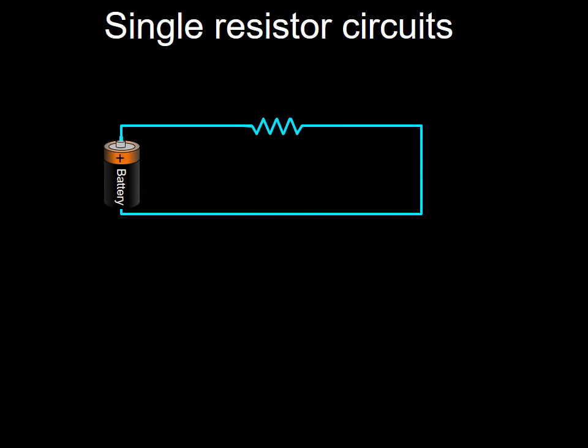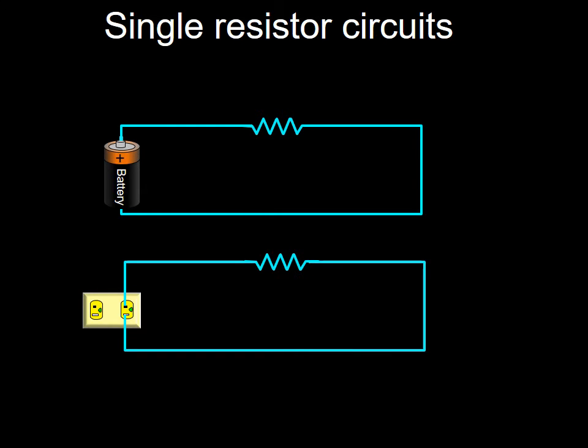Even in the simplest of resistor circuits, the single resistor direct current circuit, there must be a voltage source. A voltage source will also be present in resistor circuits involving alternating current.